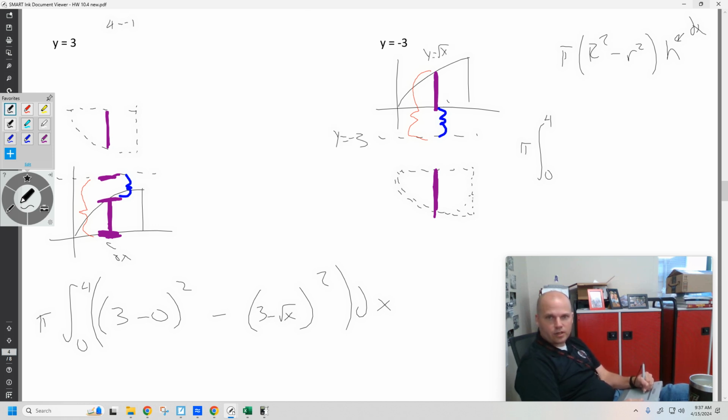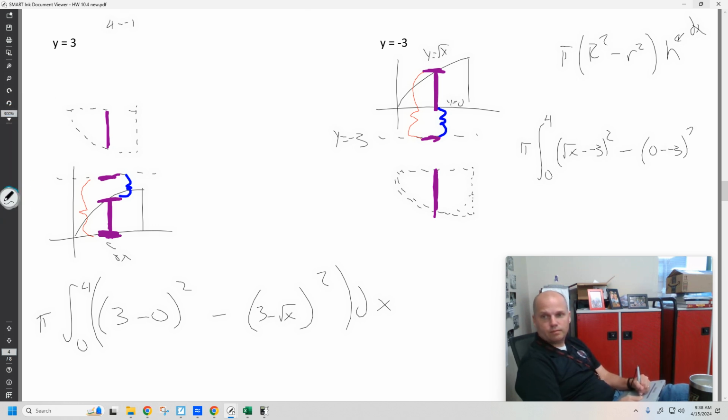This is y equals 0. Outer radiuses, root x minus -3, or plus 3. Inner radiuses, 0 minus -3, or just 3. Very skinny x width.